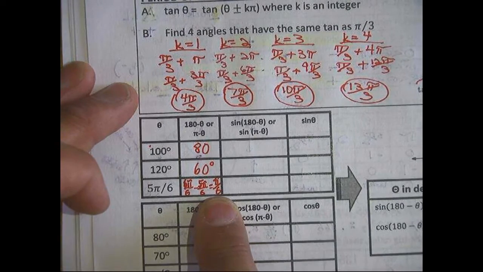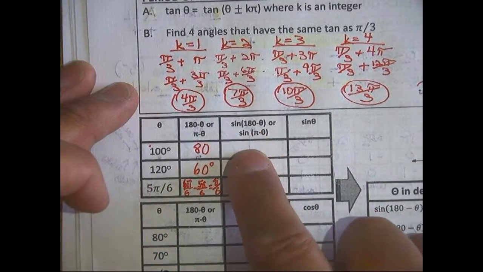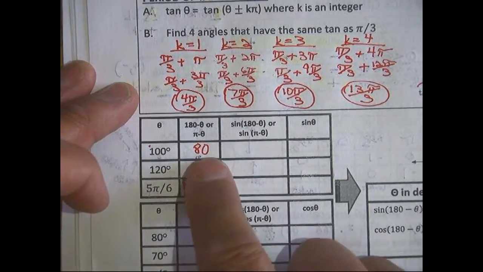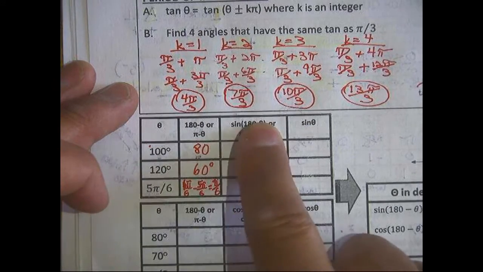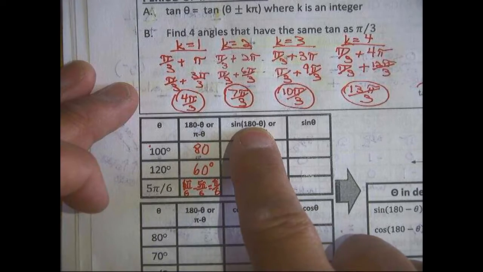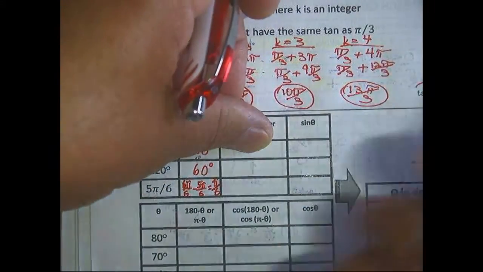Now using your calculator, find the sine value at 180 minus 100, or 80 degrees. This one right here is the sine of 80.